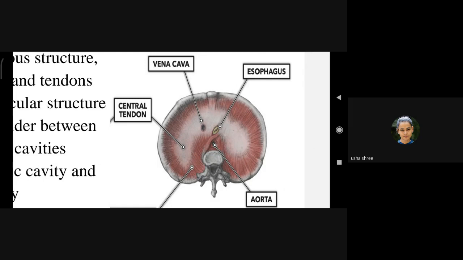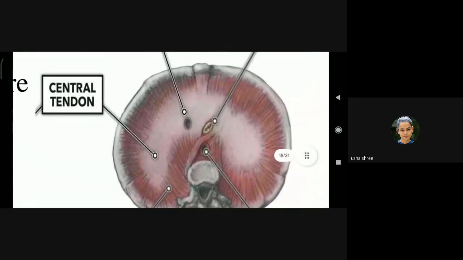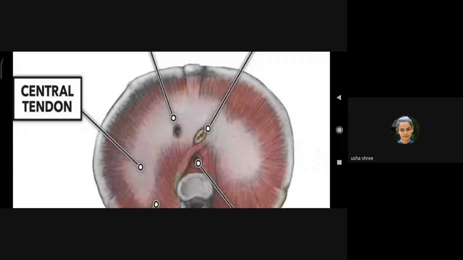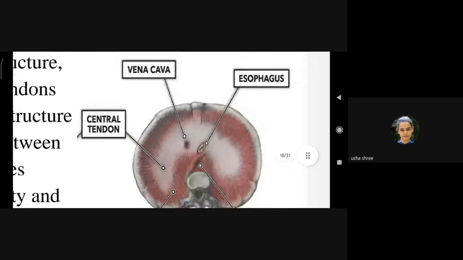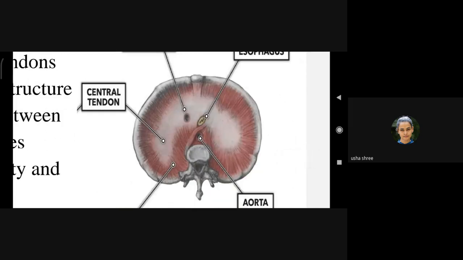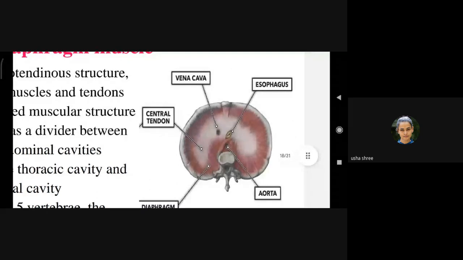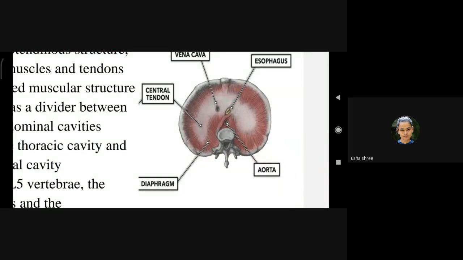So this esophagus has to intersect this diaphragm. So here is the esophageal hole, or esophageal gap, the channel for the esophagus in the diaphragm, you can see here. And the channel for the vena cava, central tendon.